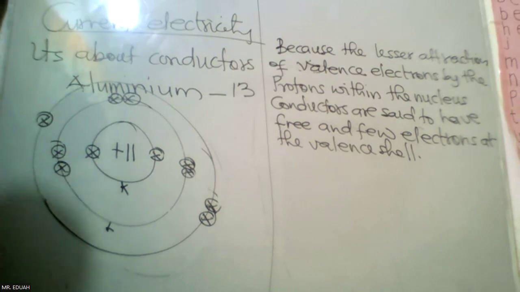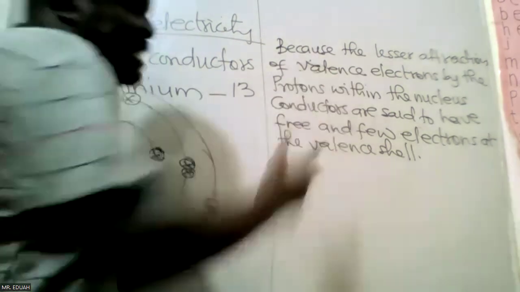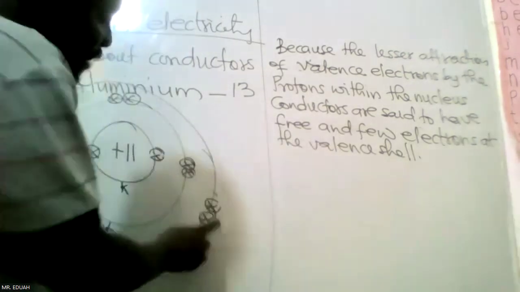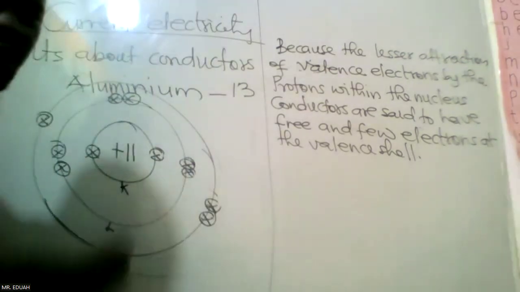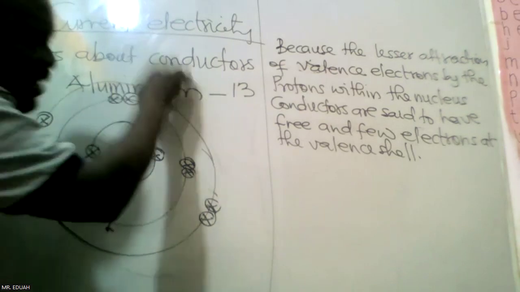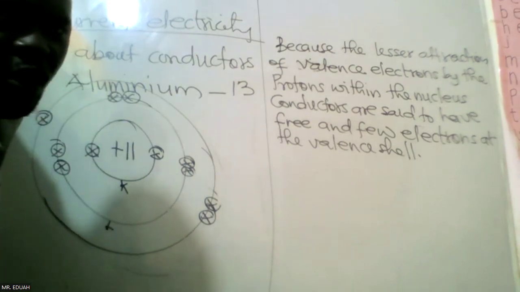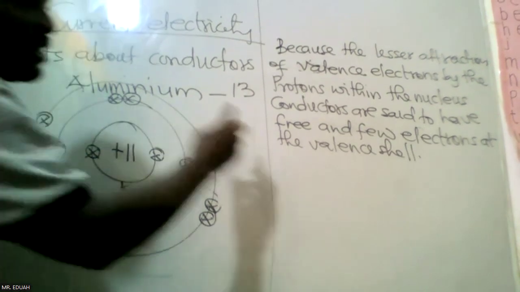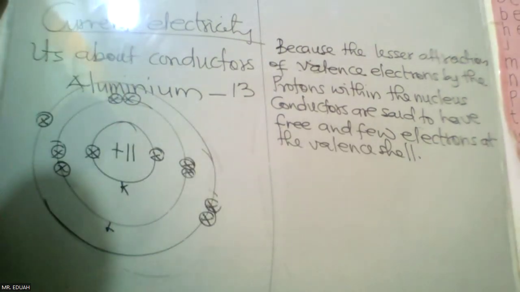All right. So if a material has this, the chance that the valence electrons can move to create current is high. That is why we say that current electricity is only talked about for conductors, because conductors have these free or valence electrons.